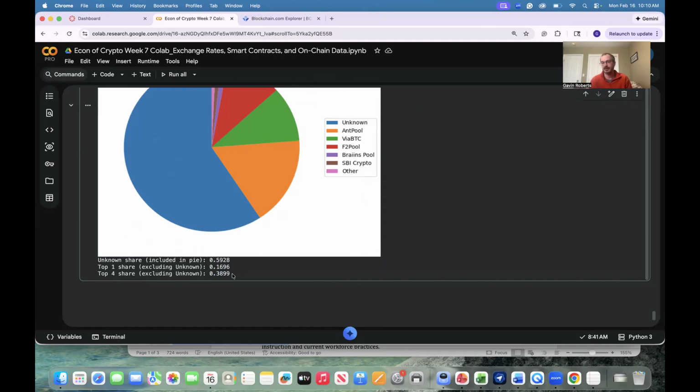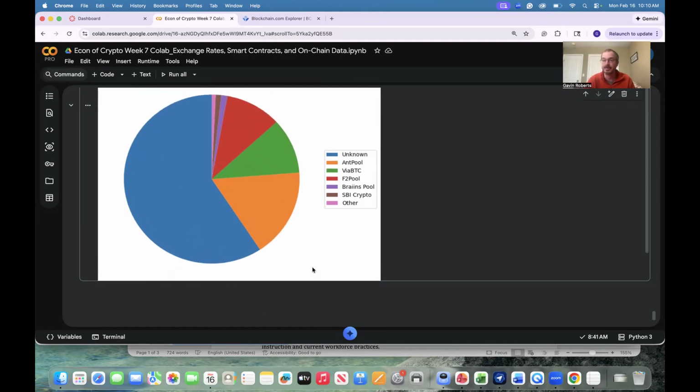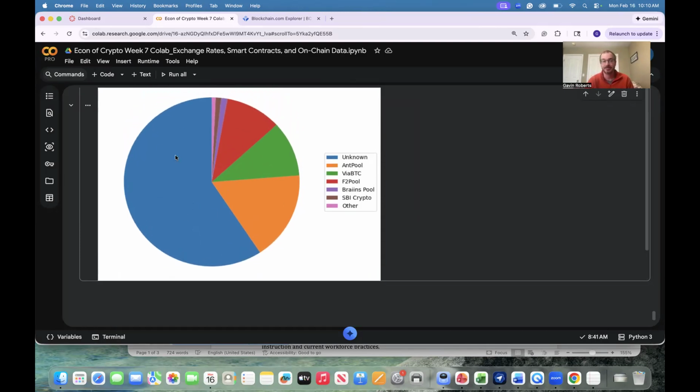So mining concentration is something that Bitcoin watchers pay attention to. They also pay attention to the unknown, because is there a pool even bigger than Ant Pool living in the unknown? Maybe, and maybe they're just doing a good job of hiding that they are mining together. That's why those issues are important.